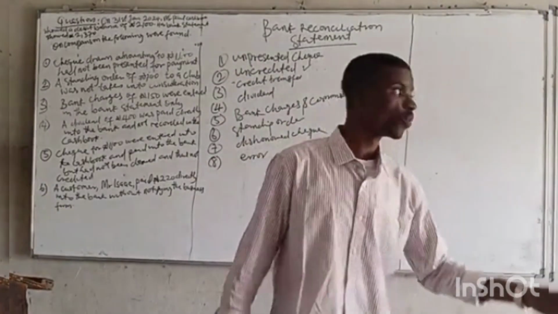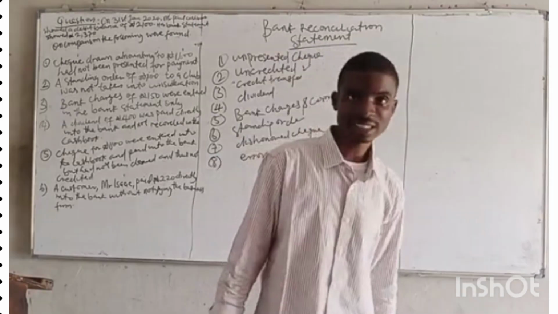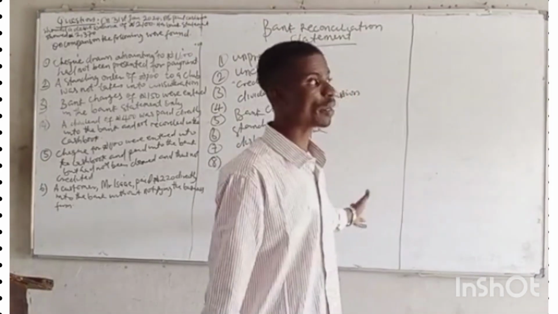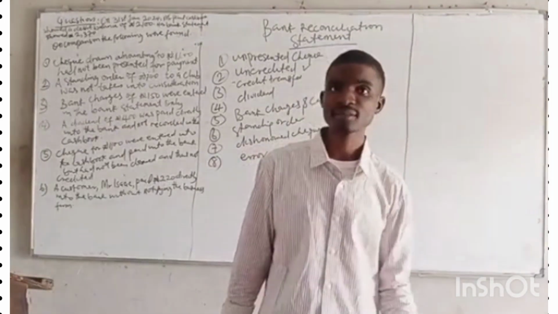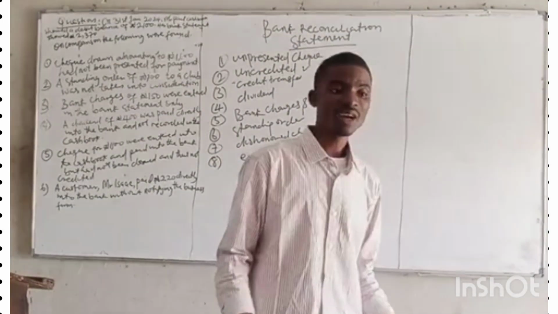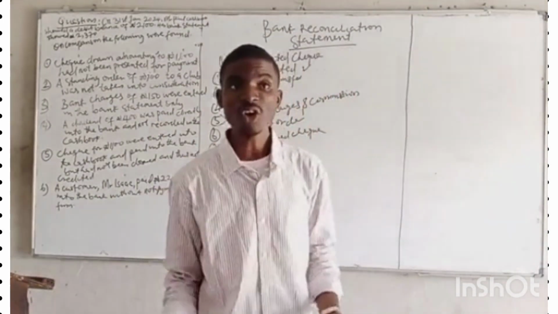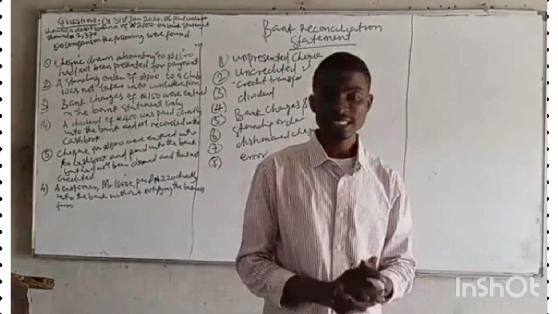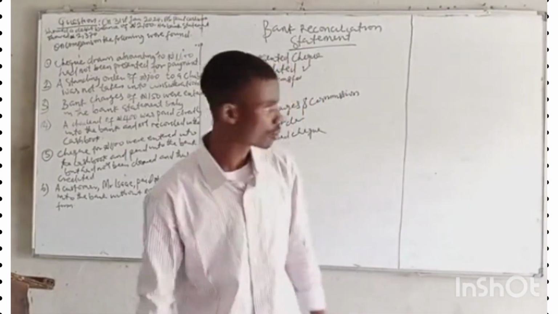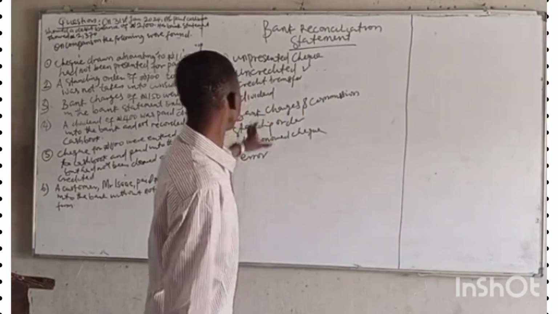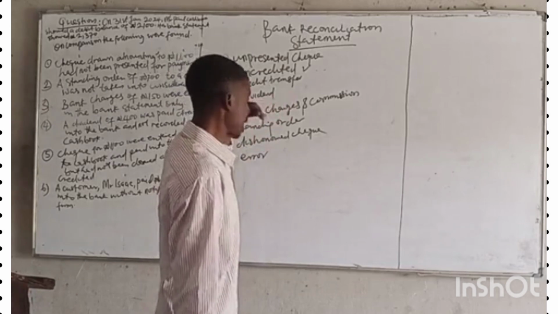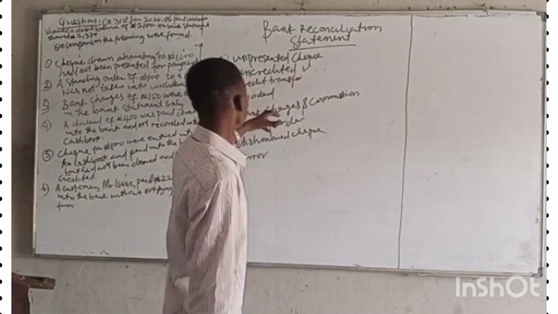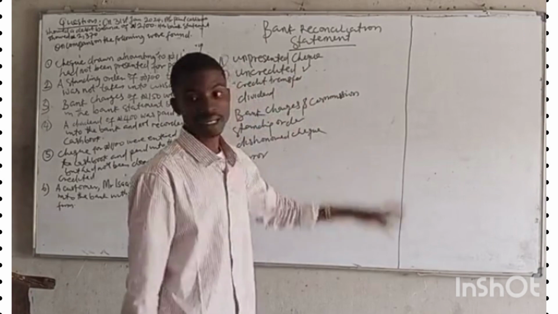Such error will also affect the agreement of the bank statement and cash book. The cash book on its own can also make a mistake by either overstating or understating the receipt side of the cash book. These are some of the errors that can lead to disagreement between the cash book and the bank statement.